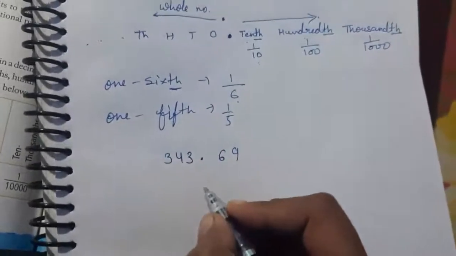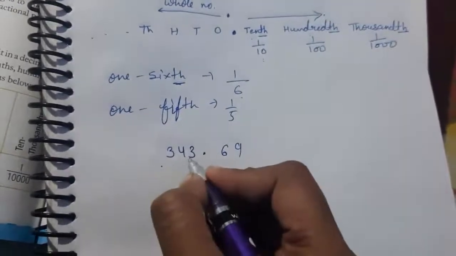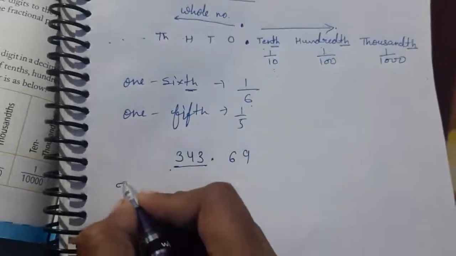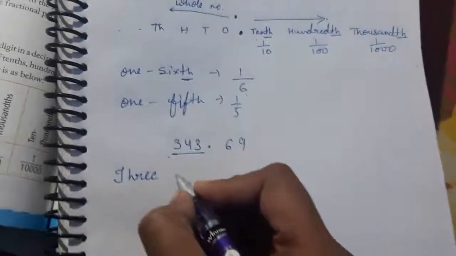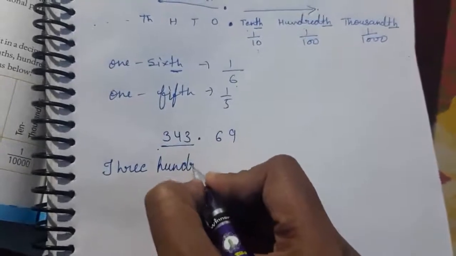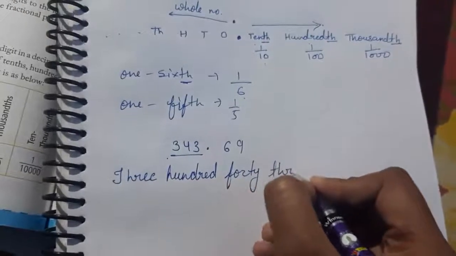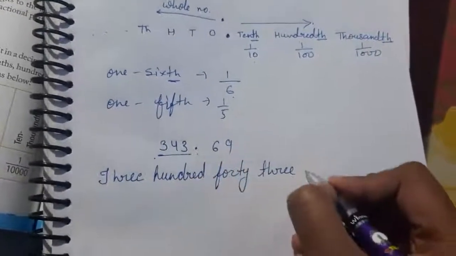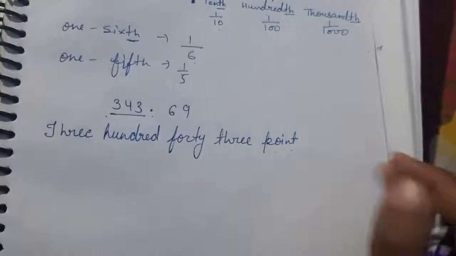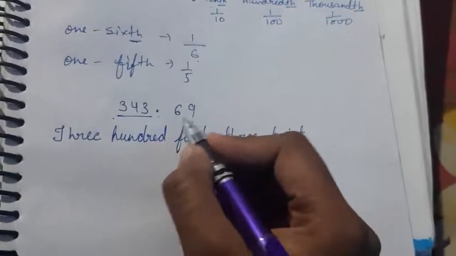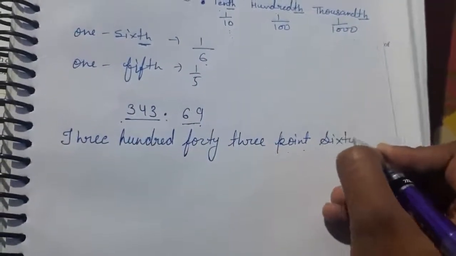Now the number given is 343.69. This is the basic information I am telling you about decimals. How to write this number name? This is 343 because this is the whole number. So as it is, you write the whole number name 343. Nothing changes. Now the point is there, so you have to write here point, or you can write 'and', or you can also write 'decimal' instead of the word point. Now 69 becomes 69, so you can write 69.